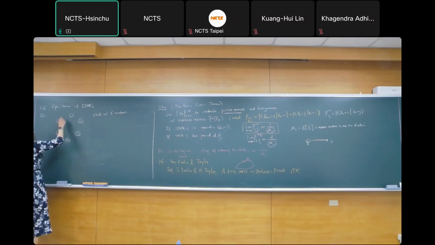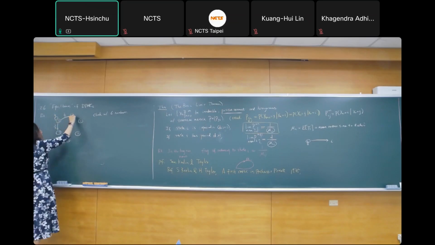So I assume I start from any one. You can move counterclockwise with 1/3 probability, clockwise 1/3, and stay at the same place 1/3. You do this for each of the steps.